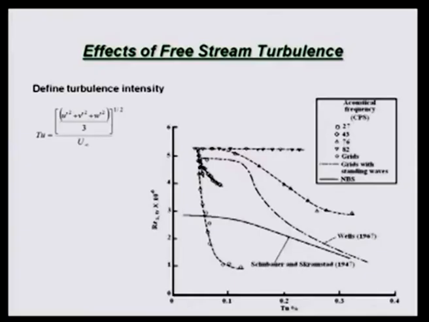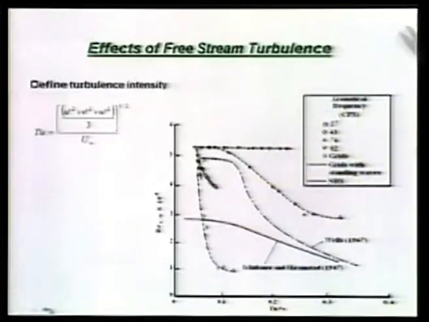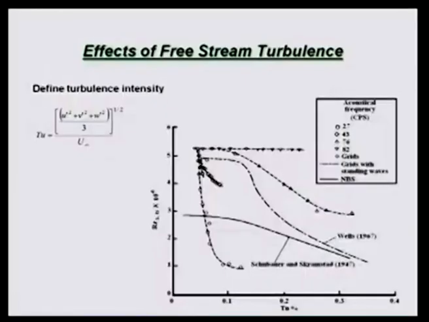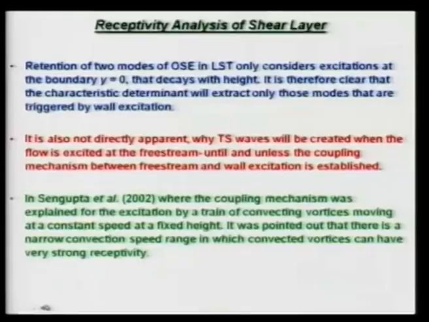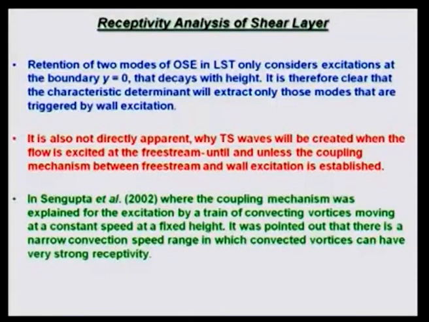Here you have a complete mishmash. You have different kinds of disturbance environment and different transition Reynolds numbers. This is sufficient for us to be convinced that we need to do a receptivity analysis. And that is where we actually stopped.